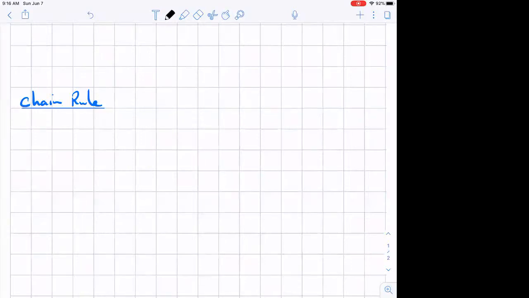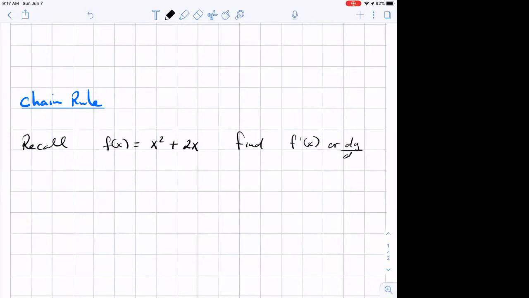So, for example, if you recall, if I give you f of x is equal to x squared plus 2x, and I ask you to find f prime of x, or also known as dy/dx, okay, it has the same meaning.